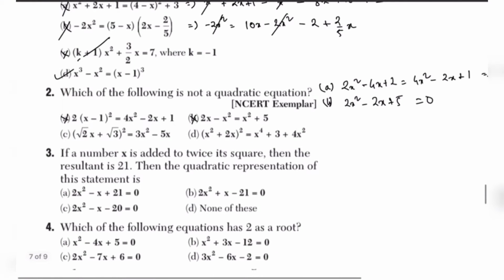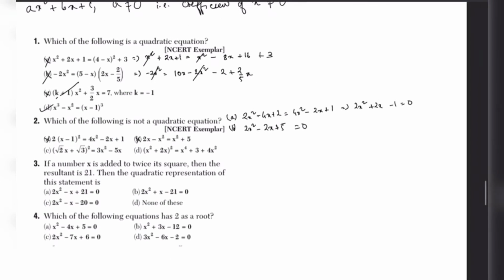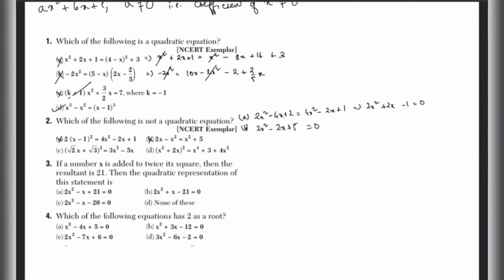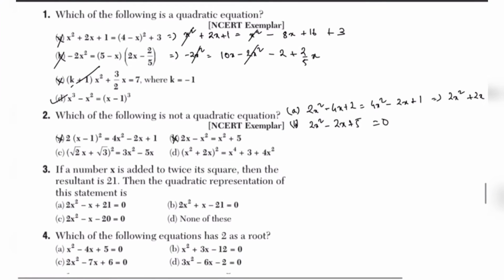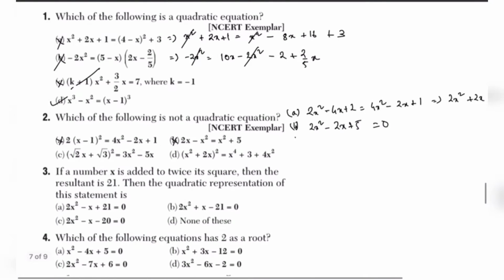Number C. Okay. Number C, if we break down the square, then we have 2x squared plus 2 root 6x plus 3 equals 3x squared minus 5x.